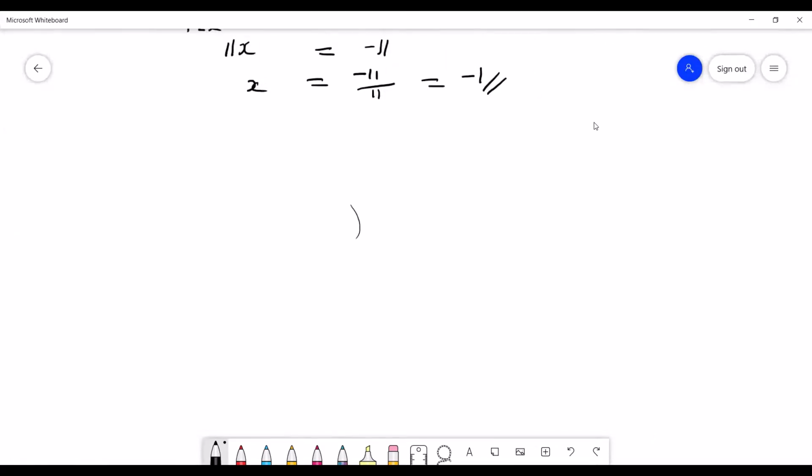Now let us come to the next question in this category. The next question is B. 3t minus 2 divided by 4 minus 2t plus 3 divided by 3 is equal to 2 by 3 minus t.